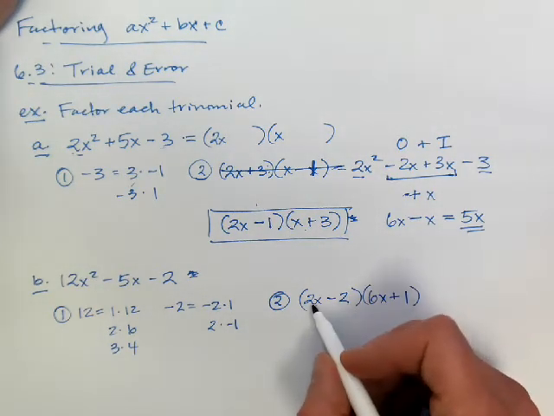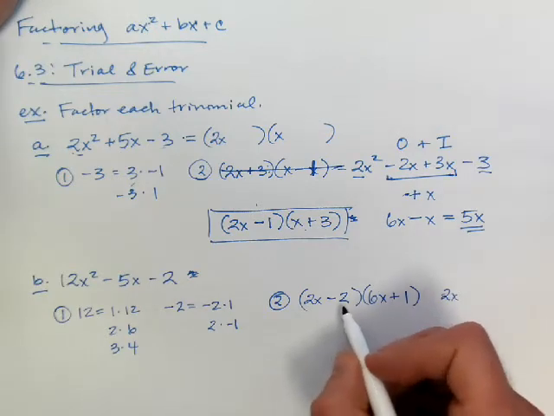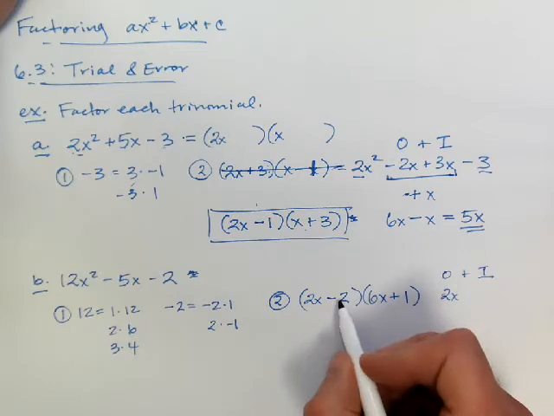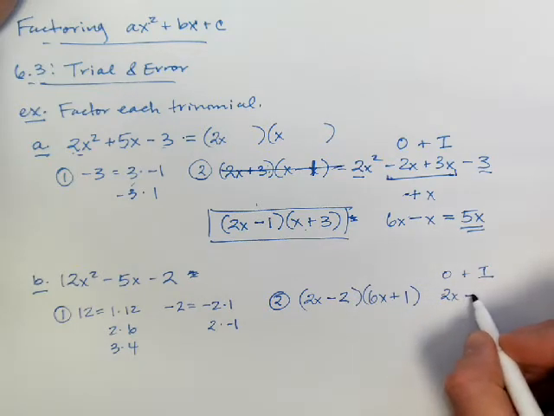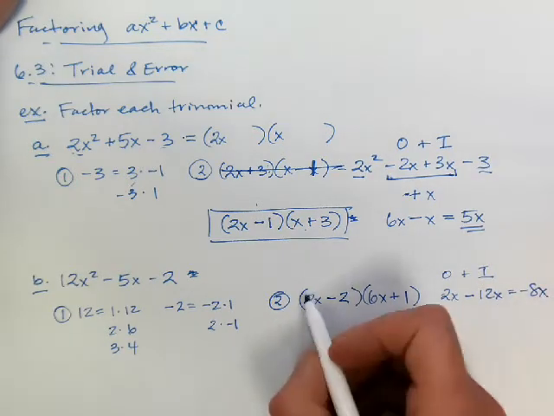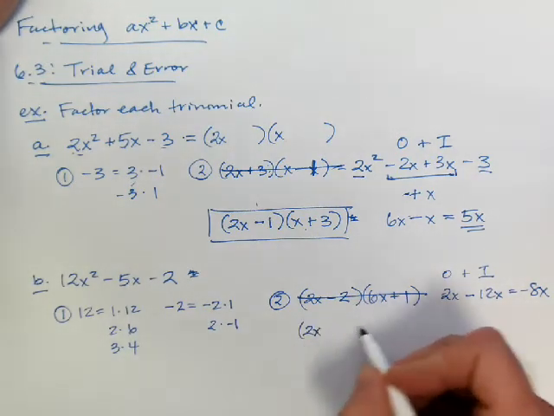So outside is 2x times 1, okay, 2x. Inside is -2 times 6, so we get -12x. All right, we got -8x. That can't be it. Didn't match up, didn't get -5. Let's switch them around.